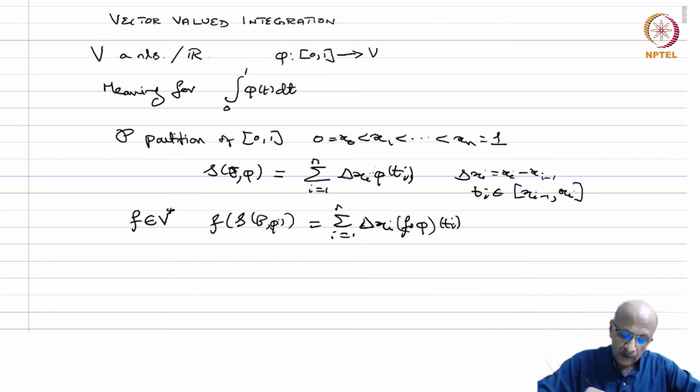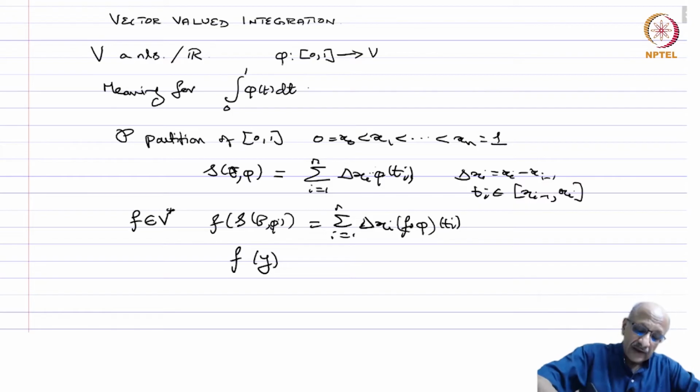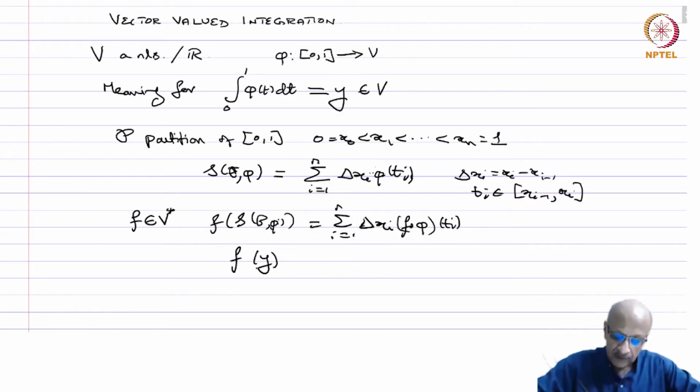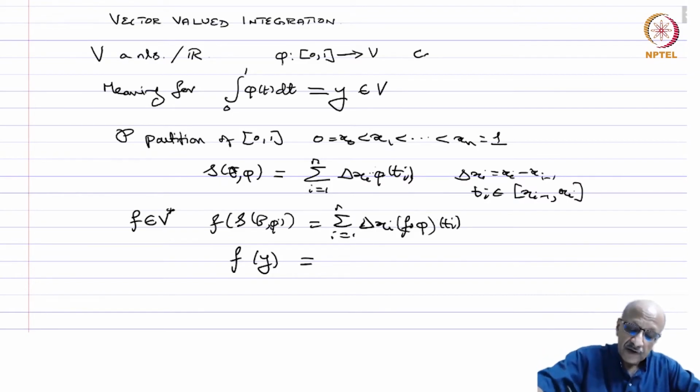So if we can go to the limit, f is continuous, so this will go to f of y. So y is the integral, so the integral is a vector in V, and therefore this will go to f of y. So let us assume now phi is continuous.